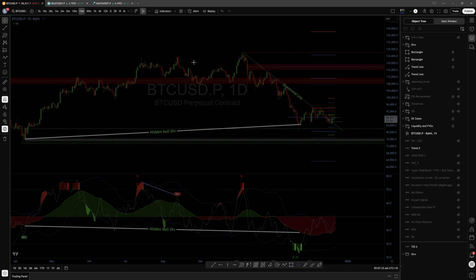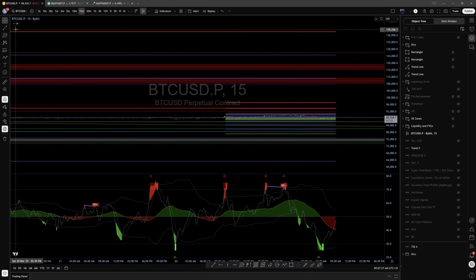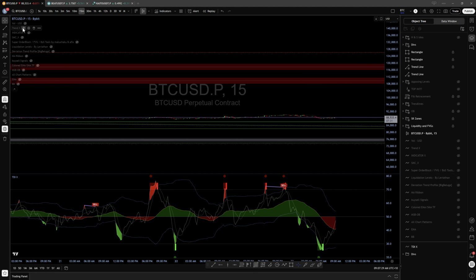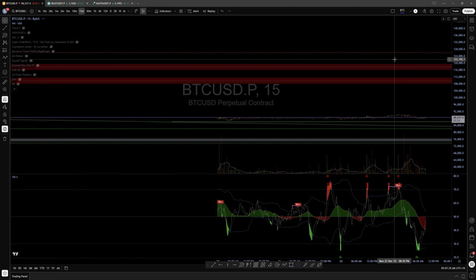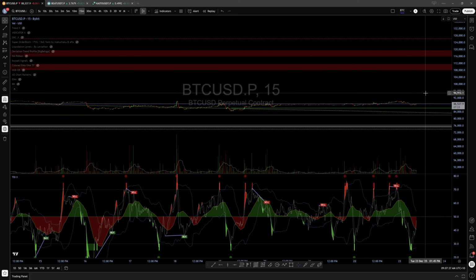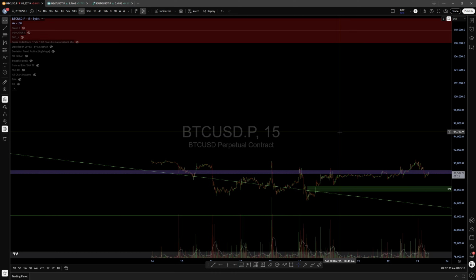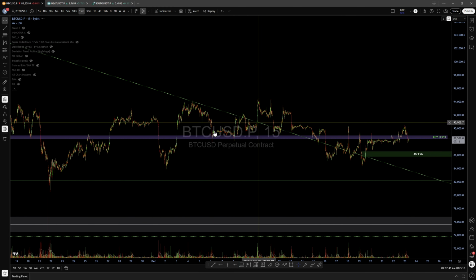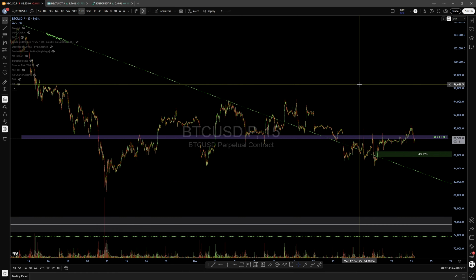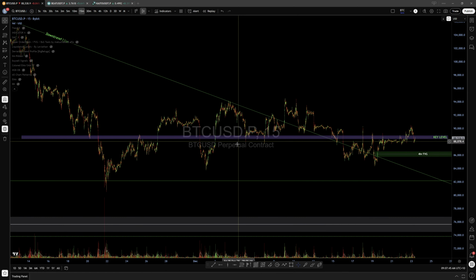But when you look at the fifth, this is really interesting, and I'm going to hide some other stuff here just to show you something I noticed that I wanted to share. Whenever price has interacted with this purple area, this flip zone, on lower time frames, there generally are spikes.